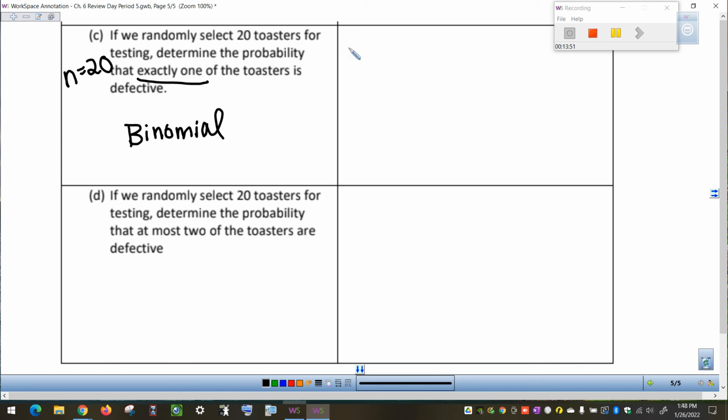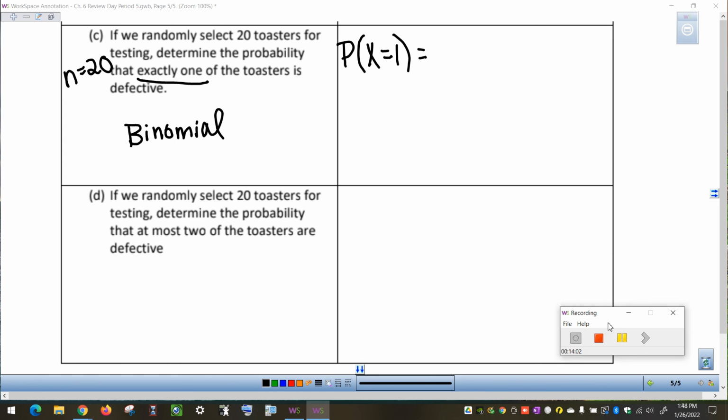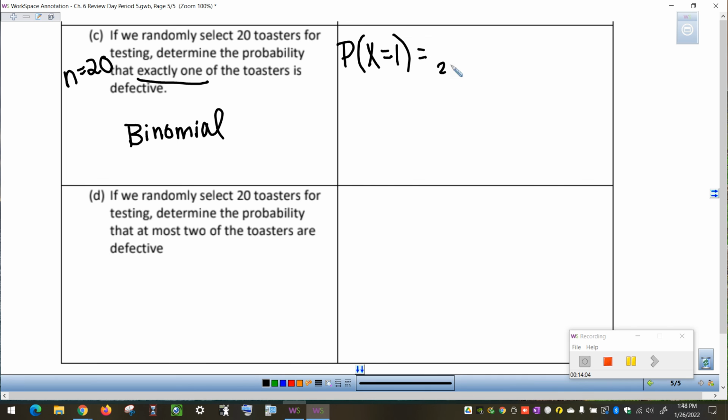Now, because we're just finding the probability that exactly one is defective, we can go ahead and put that into our binomial formula. So our number of trials is 20, and we want to find the probability that exactly one is a success, which is defective in this case, so it's going to be 20 choose 1. The way that it was written on the AP formula sheet looks like this. And then that is going to be followed by the probability of success, which is 0.02, raised to the power of 1.